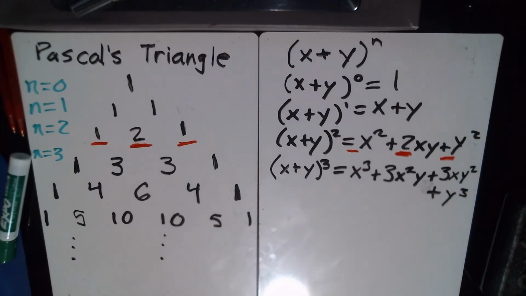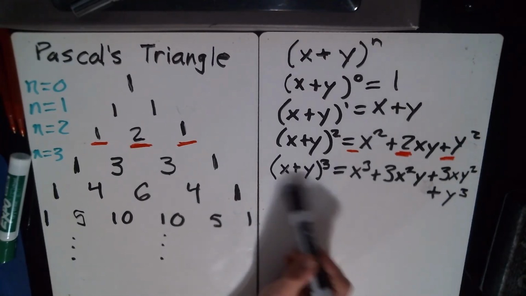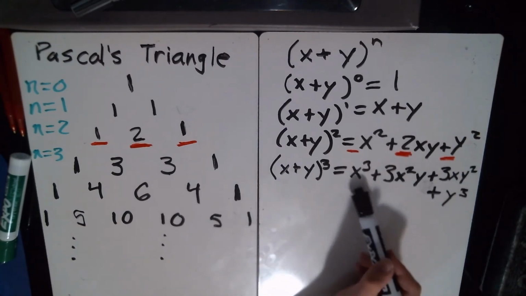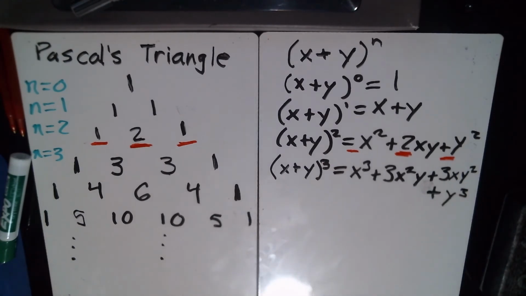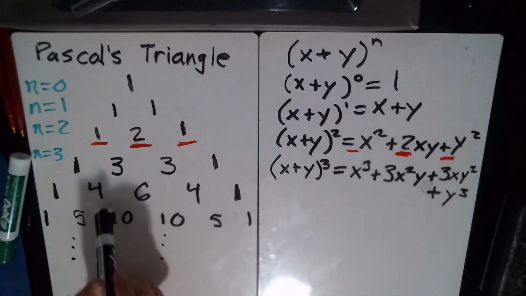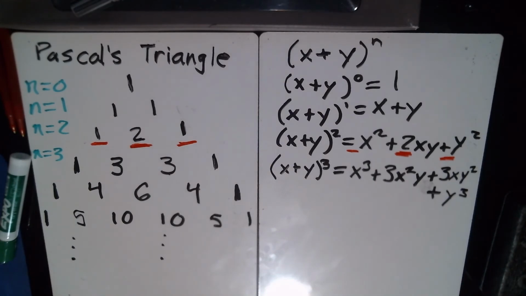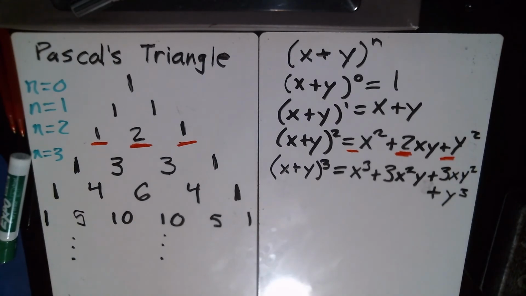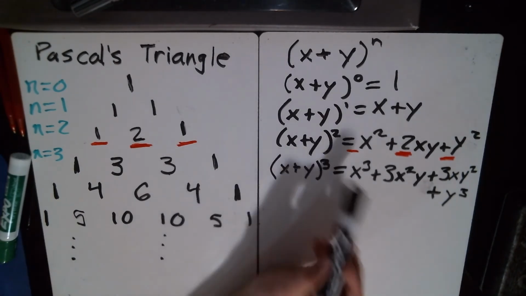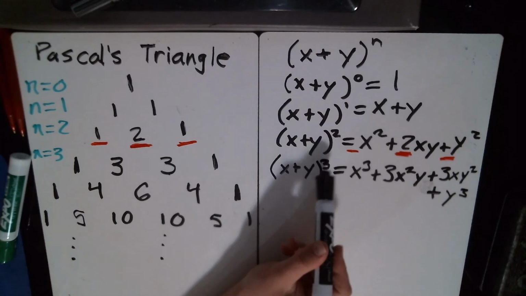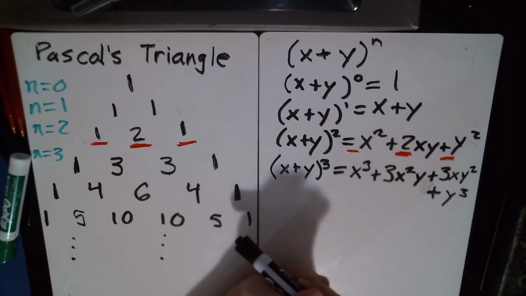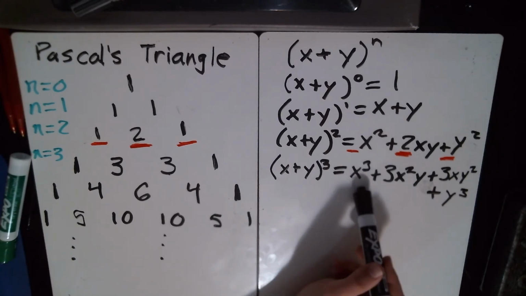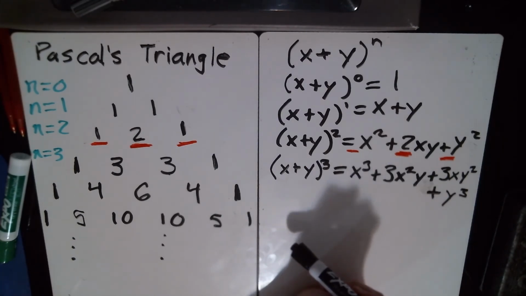So this is really nice, and if you do this out by hand, if you cube this out and then collect your like terms, you actually get this exact formula. And so Pascal's triangle is a really nice, easy way of, if you're trying to expand a product like this, where you've got a binomial raised to a power, figuring out what that would be after you distribute it all out.